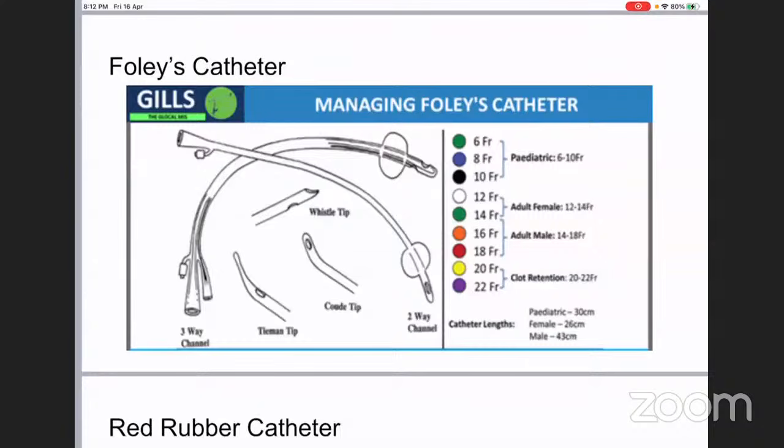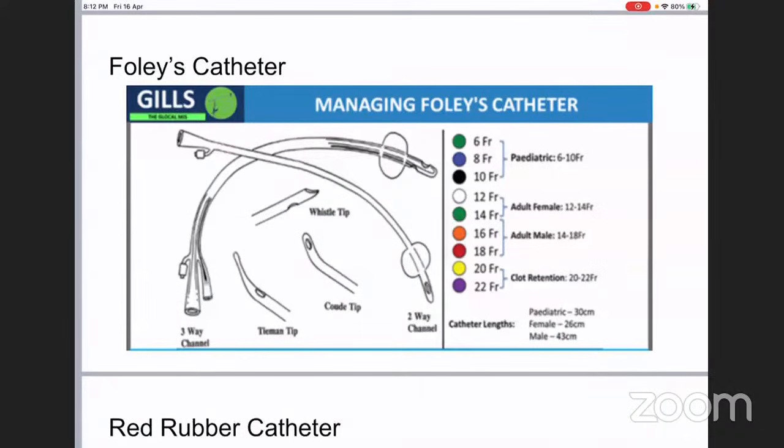So the colors will signify the size of the Foley's catheter. For example, 16 French Foley's catheter is orange and 18 French is red in color. Okay, you can refer to the different sizes there. And then also written on the port where you inflate will be the maximum volume that can be pushed to inflate the balloon. Okay, so that is usually specified there. So you should not inflate more than that.